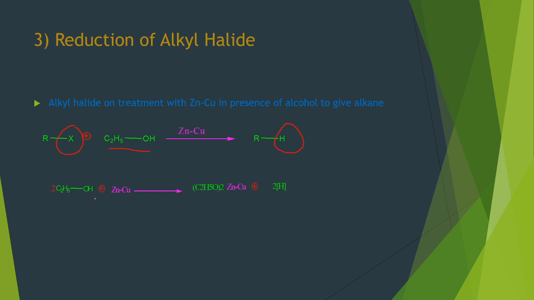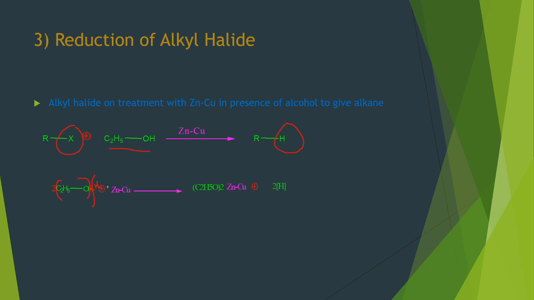Ethyl alcohol on treatment with zinc and copper, two molecules we have to take here, will produce ethoxide, that is (C2H5O)2 with zinc and copper. In C2H5OH there is one proton, one H. When the OH bond breaks, C2H5O remains, twice, and the zinc and copper metals will be attached here.